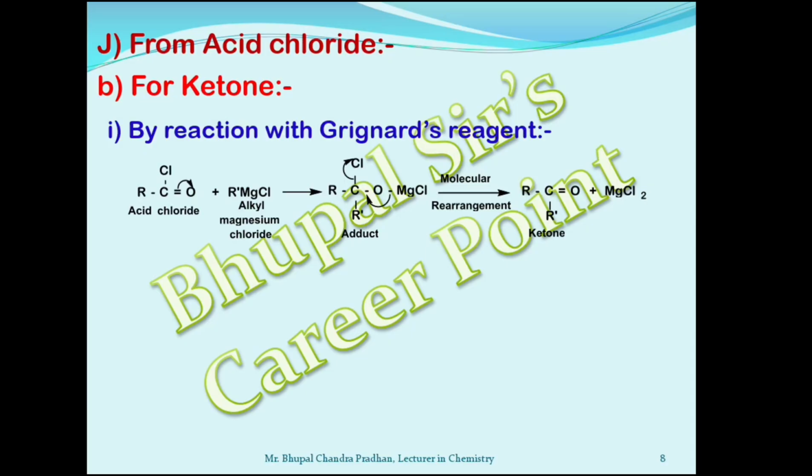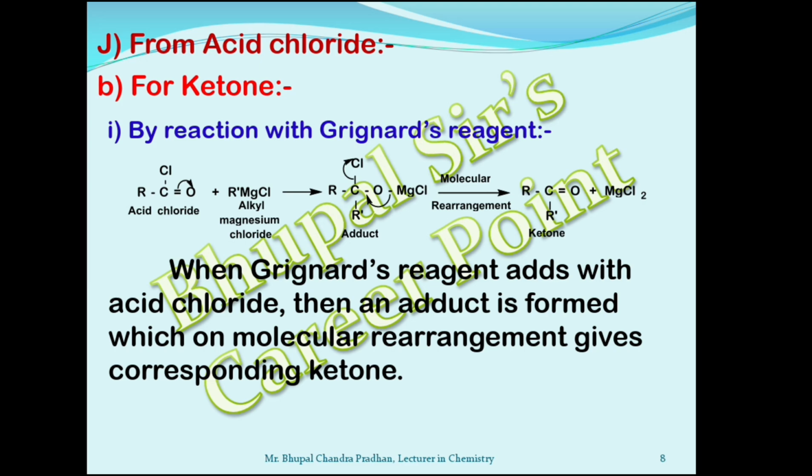Thus, an adduct is formed between acid chloride and alkyl magnesium chloride, which by molecular rearrangement gives us the corresponding ketone and magnesium chloride. In the statement, we have to write down: when Grignard's reagent adds to acid chloride, then an adduct or addition product is formed, which by molecular rearrangement gives the corresponding ketone.